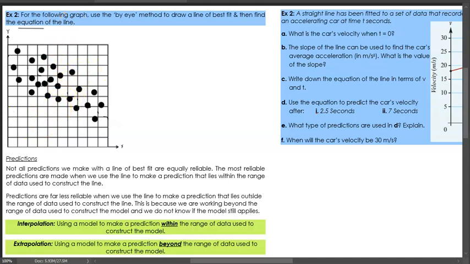So when I draw my line of best fit, and remember, this is just a prediction, okay, I think that the line of best fit will start at this point here. I might actually do that in a different color. I might put it in red so it doesn't look like one of the points there.